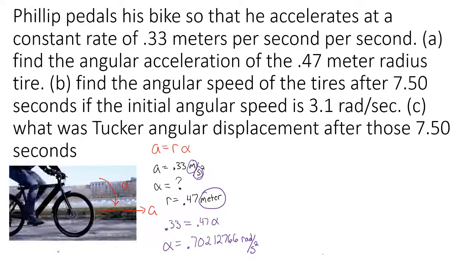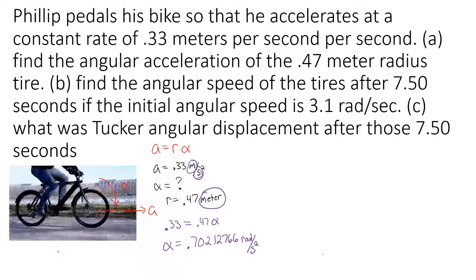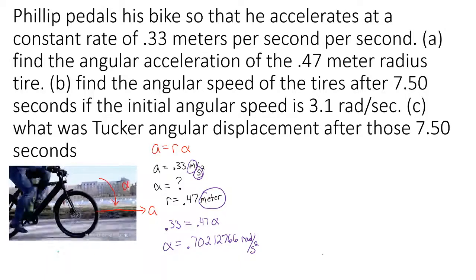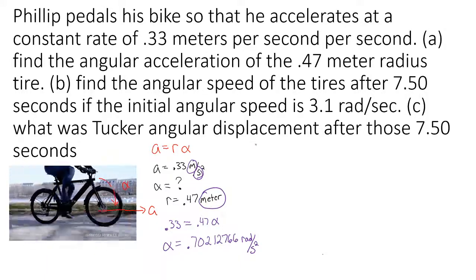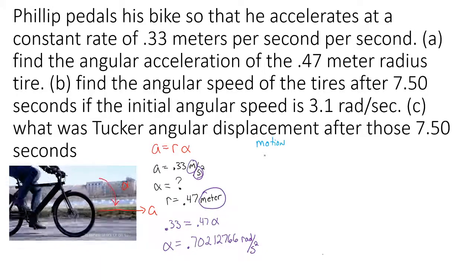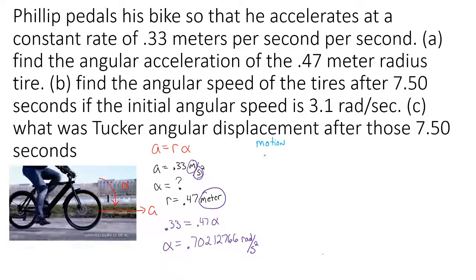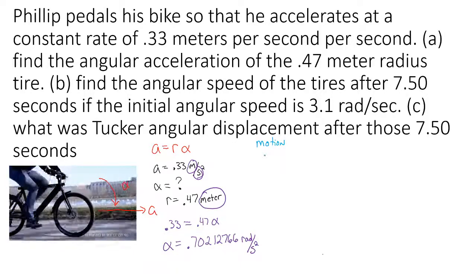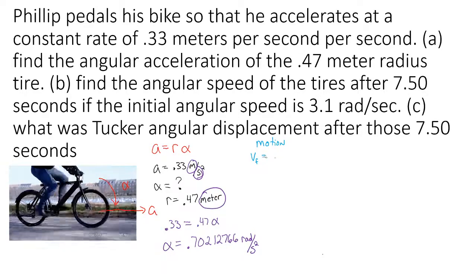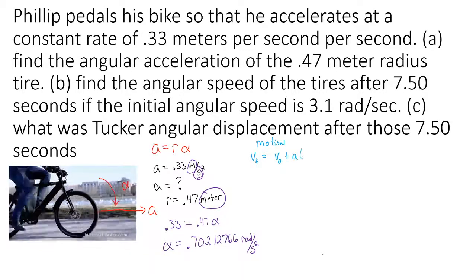It says find the angular speed of the tires after 7.5 seconds if the initial angular speed is 3.1 radians per second. And this begins to sound like the motion equation. Now, we've talked about the motion equation this year in just straight up linear terms: velocity final equals velocity initial plus acceleration times time.